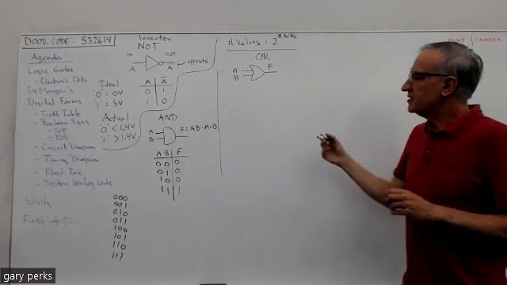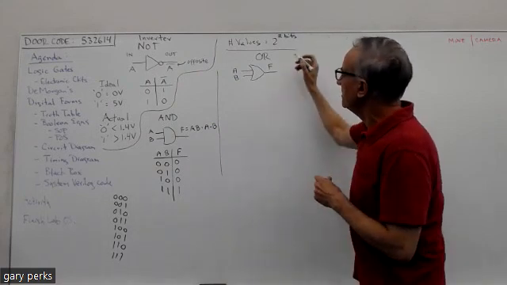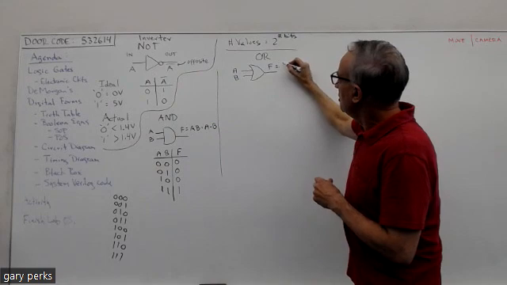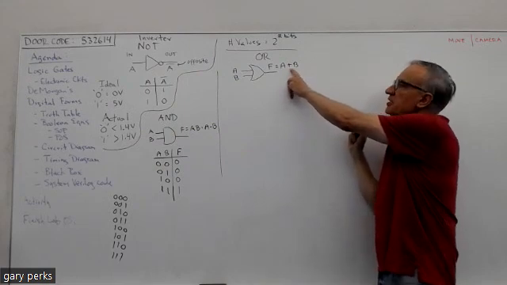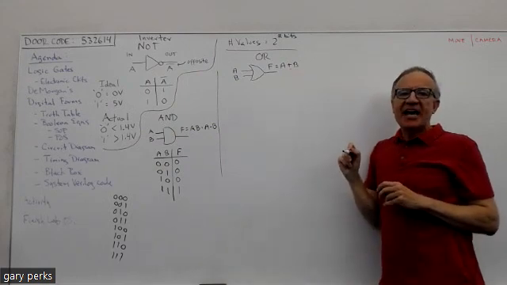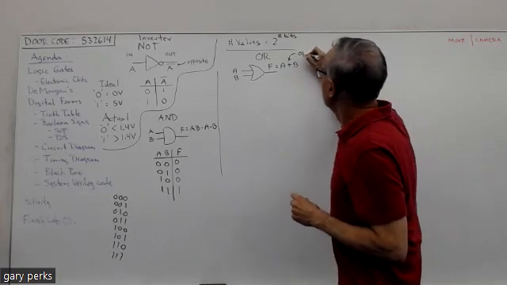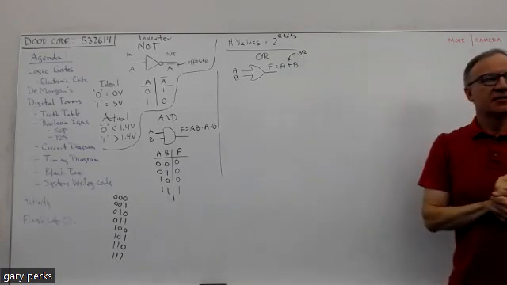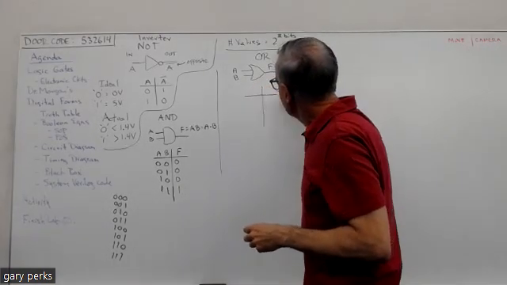All right, the Boolean algebra for an OR gate looks like this, that the output would equal A ORed with B. So notice in Boolean algebra, the plus sign doesn't mean add. Okay, this means OR. And what OR means, we can look at the truth table for an OR.